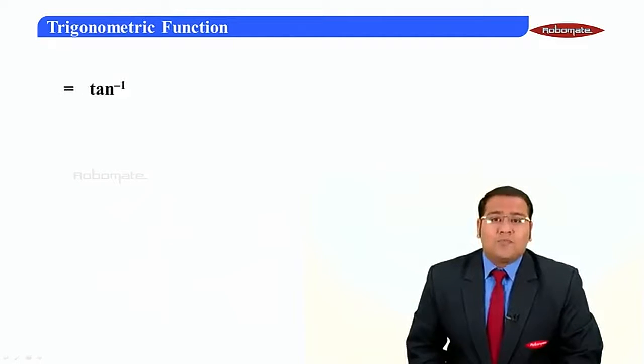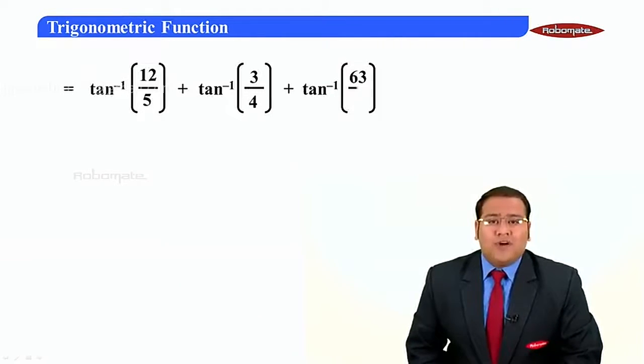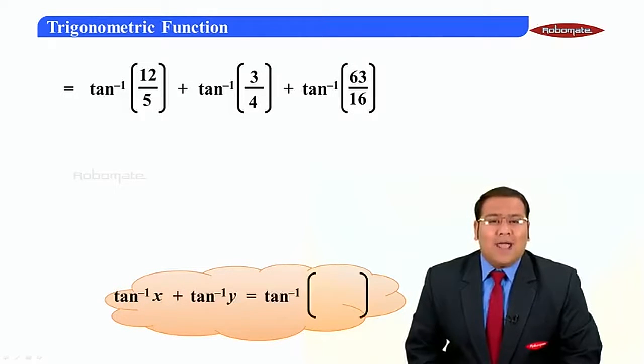So moving ahead with the solution, if you observe in the first and second terms, you have a standard formula: tan inverse of x plus tan inverse of y is given by tan inverse of x plus y upon 1 minus xy.